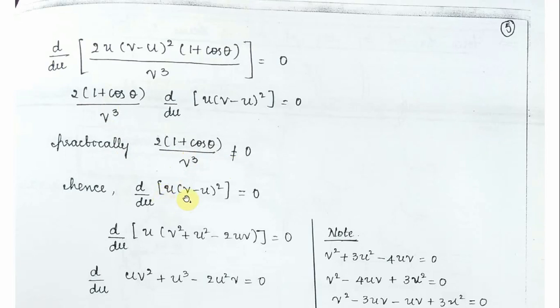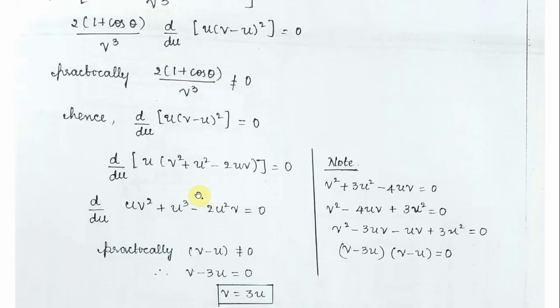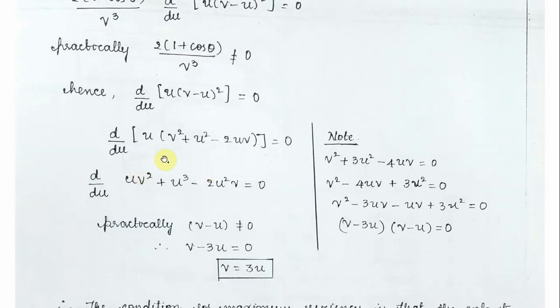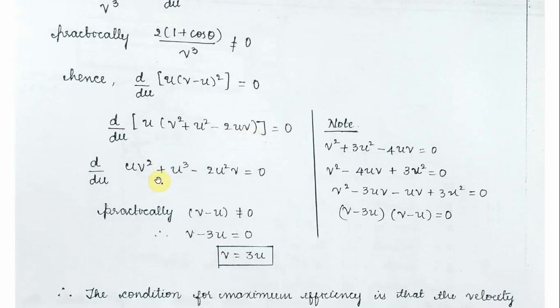Hence d/dU of U (V minus U) whole squared = 0. Therefore d/dU of U (V squared plus U squared minus 2UV) = 0, that is d/dU of (V squared U plus U cubed minus 2U squared V) = 0.